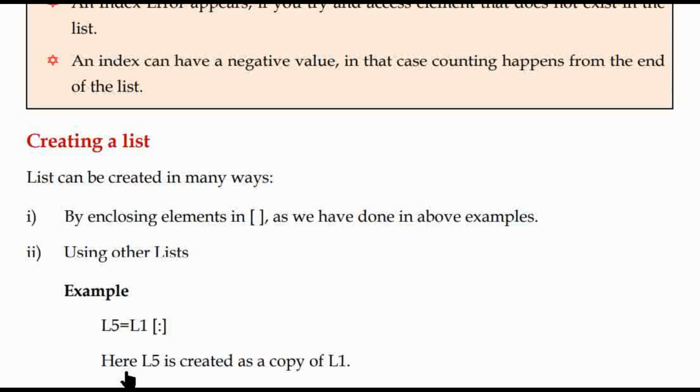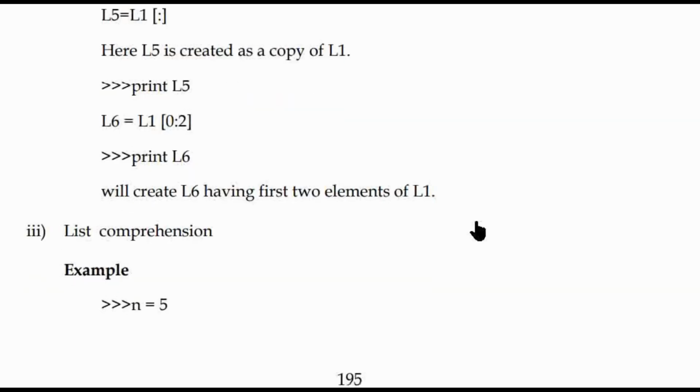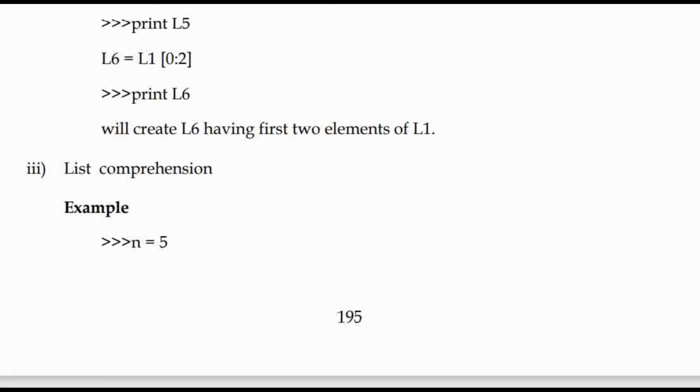Here L5 is created as a copy of L1. Print L5. L6 = L1[0:2]. Print L6 will create L6 having the first two elements of L1.